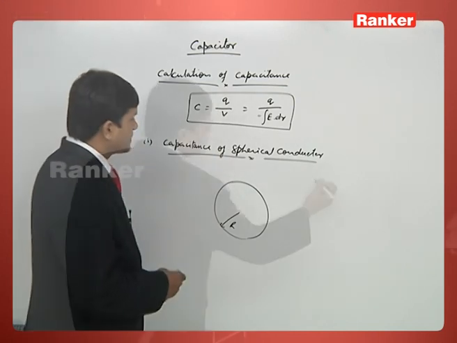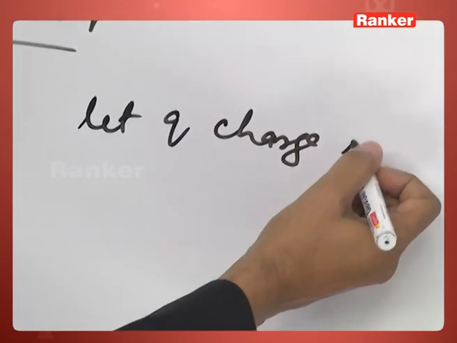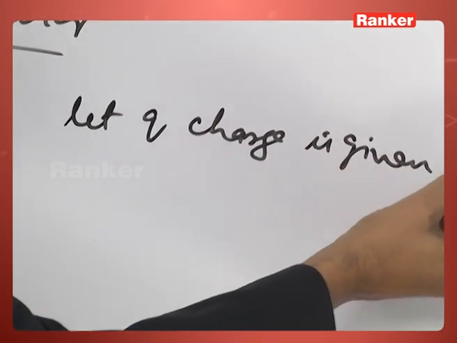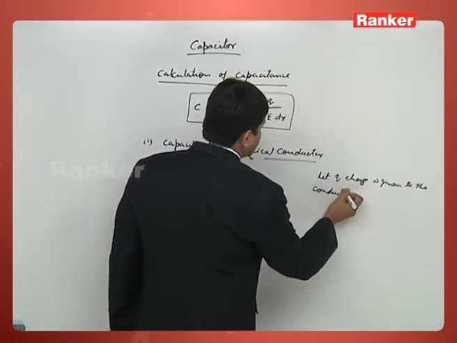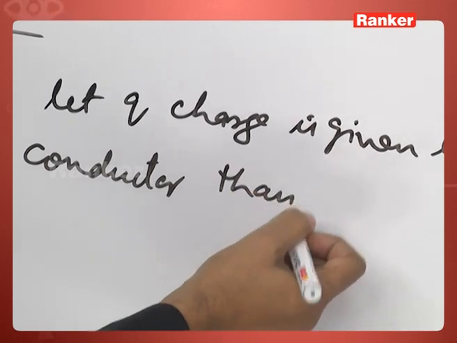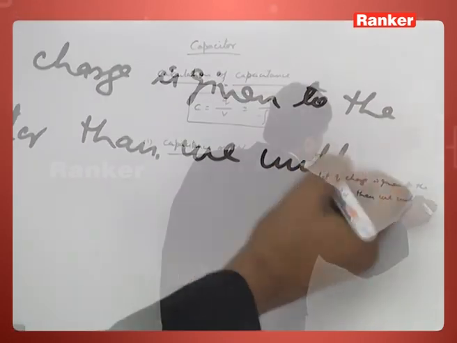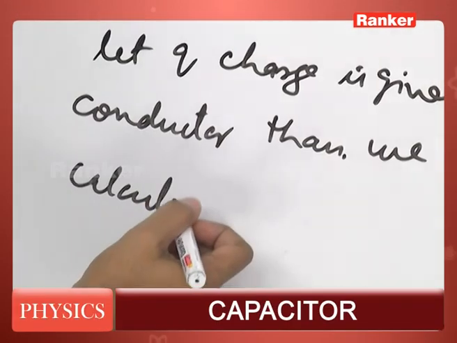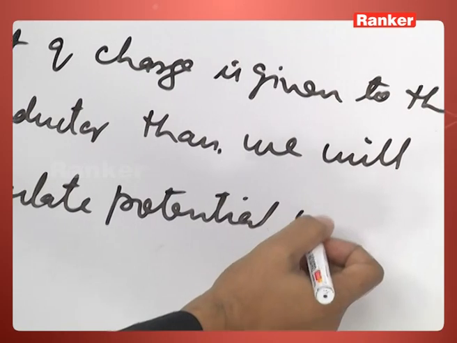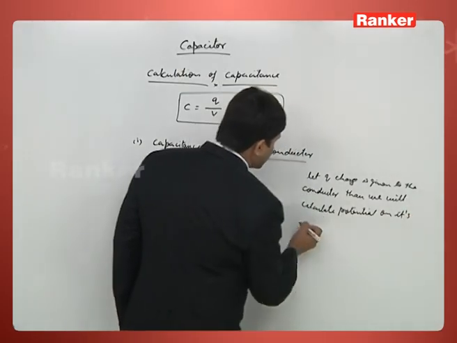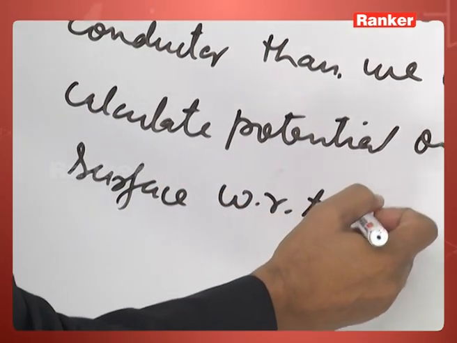So let charge Q be given to the conductor. Then we will calculate the potential on its surface with respect to infinity.